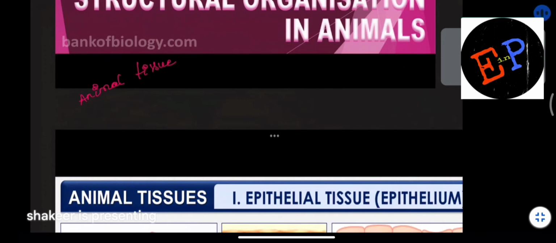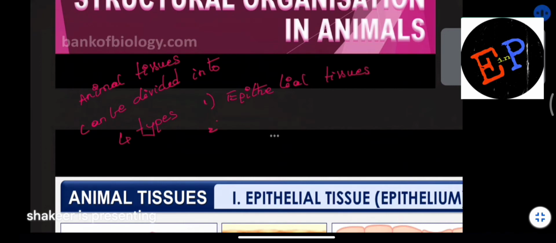can be divided into four types. Clear? First one is called epithelial tissues. Clear, ma?